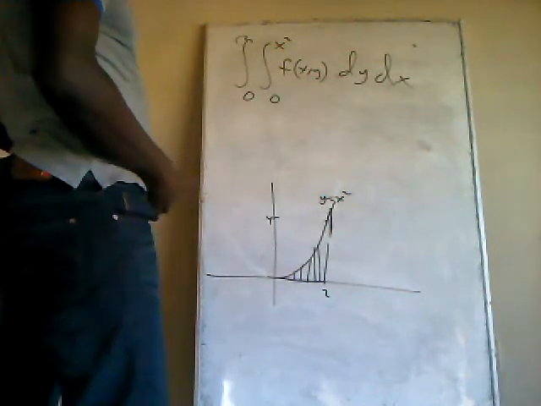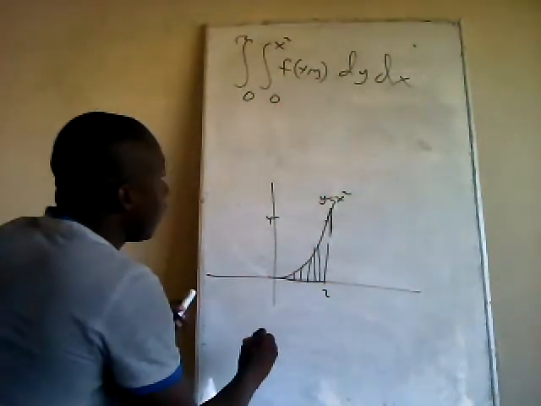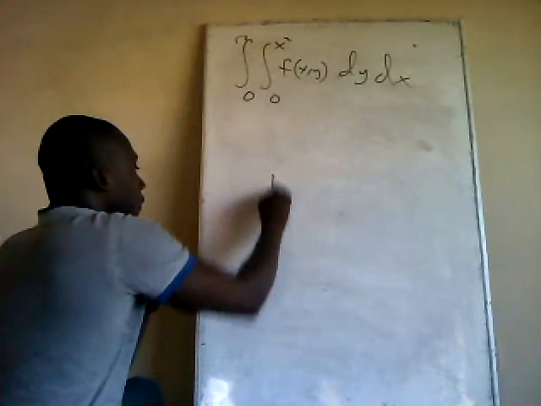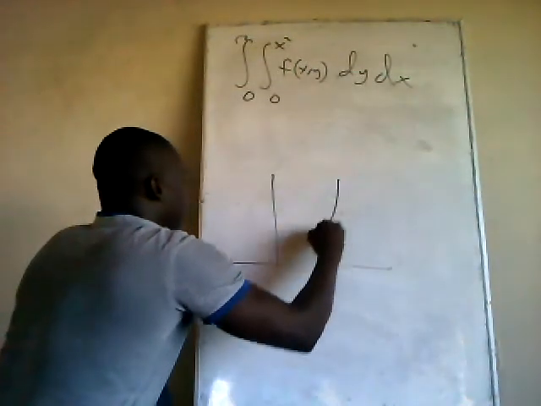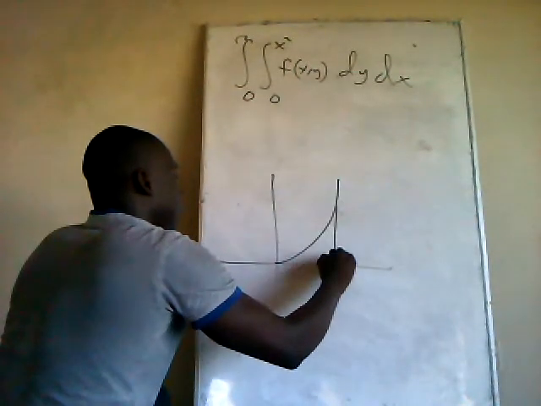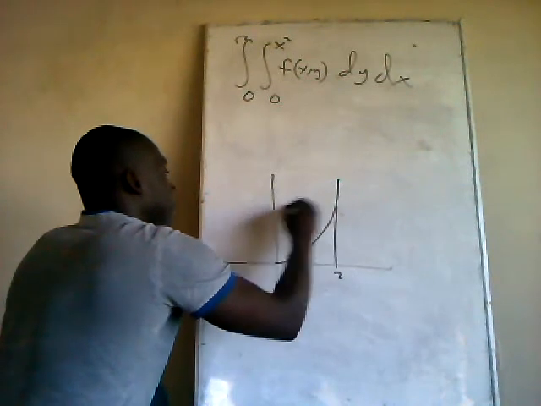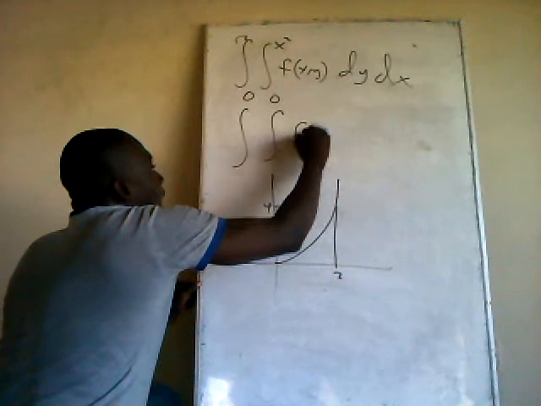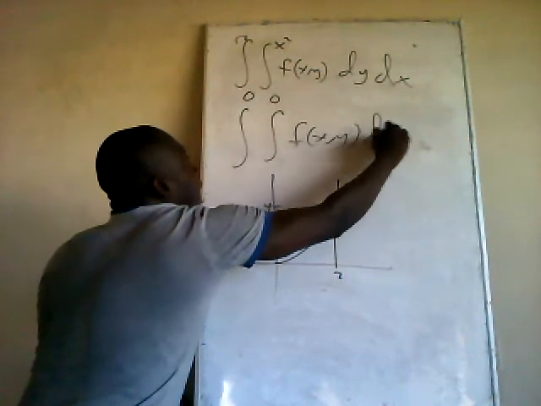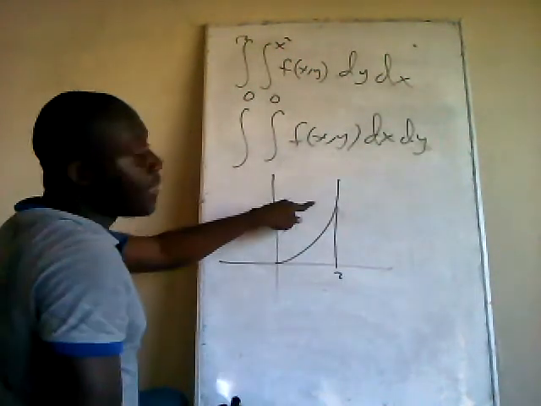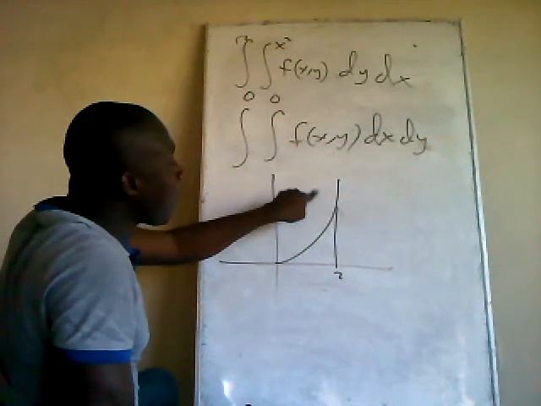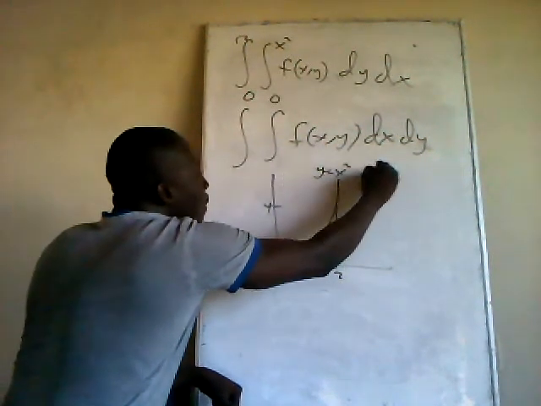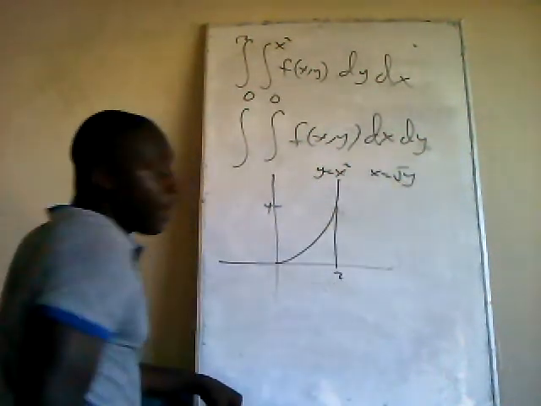Okay. Now let's see. Let me draw this again. Now, if I want to do this dx dy, then I must make x the subject. If y is equal to x squared, then x is equal to the square root of y.